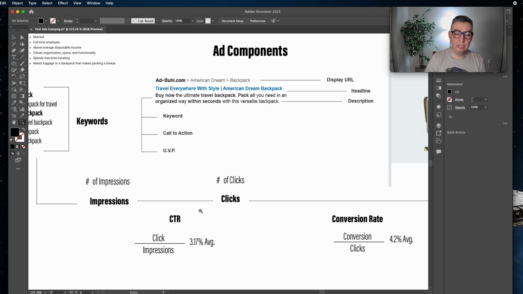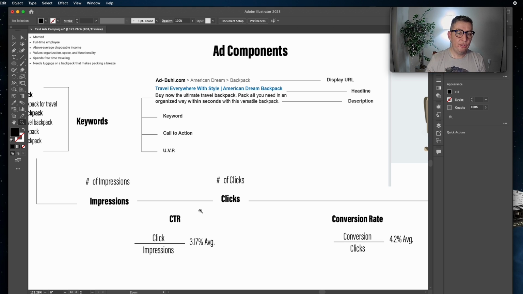You have click-through rate, which is basically clicks divided by impressions. It's the number of clicks that I have for the number of impressions, and the average for that metric is 3.17, 3.20. Okay, 3.2. So if you are lower than that number, I would say try to check what's going on there. Your click-through rate should be above that number.